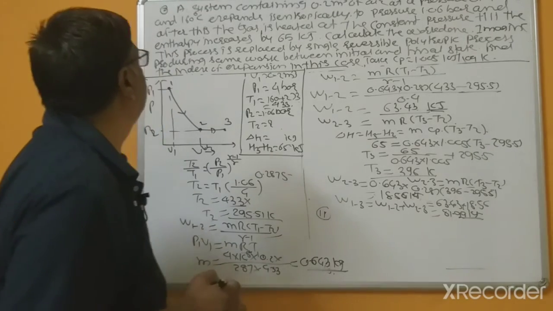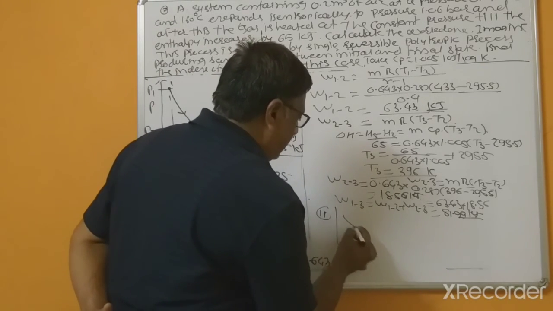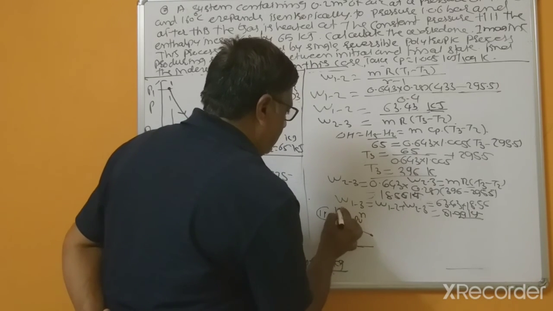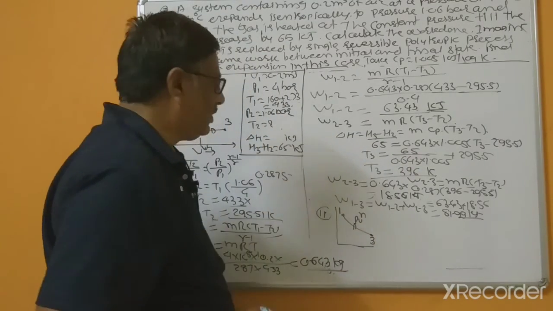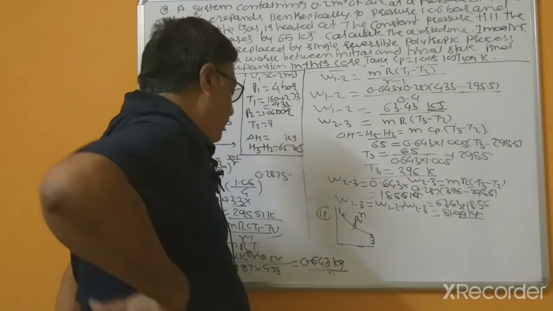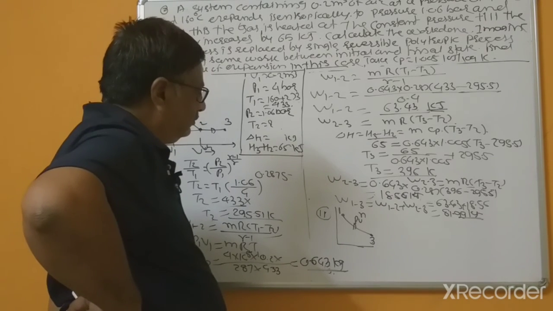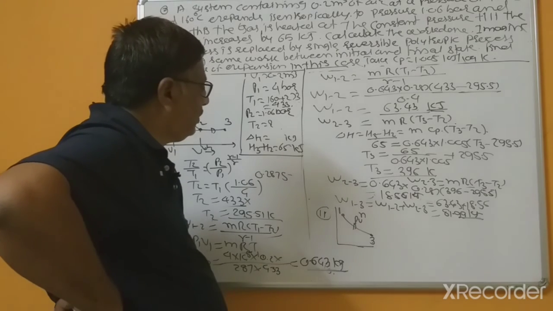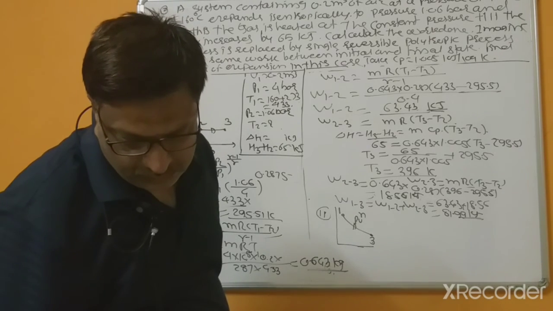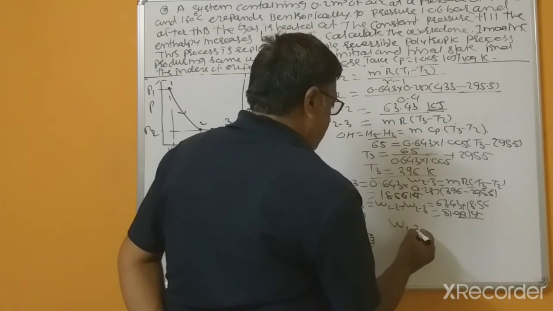Now the second part. Imagine this process is replaced directly by a polytropic process, PV raised to n, from 1 to 3. We equate the total work done 1:3.